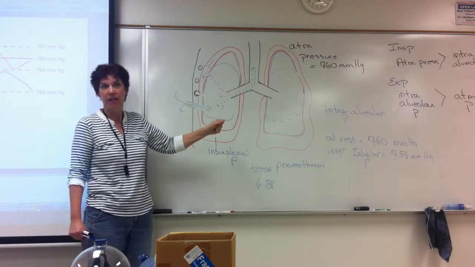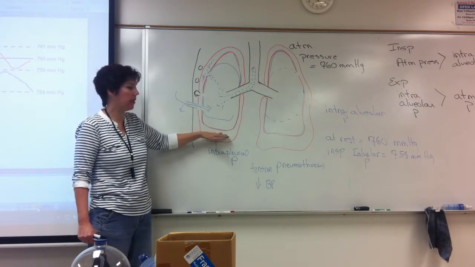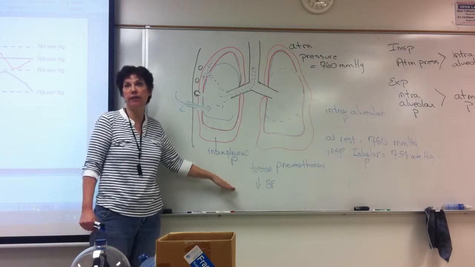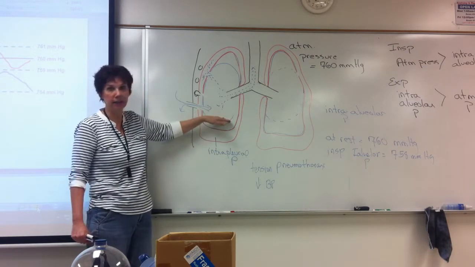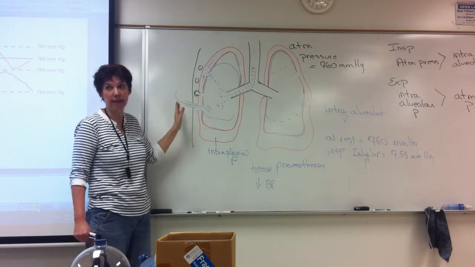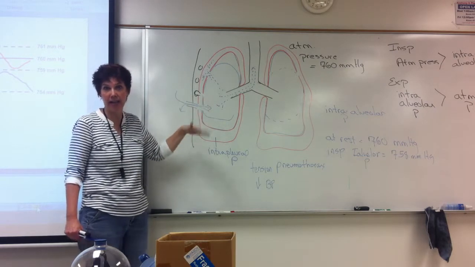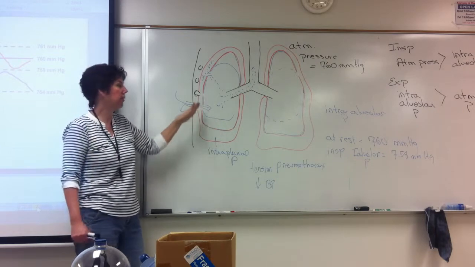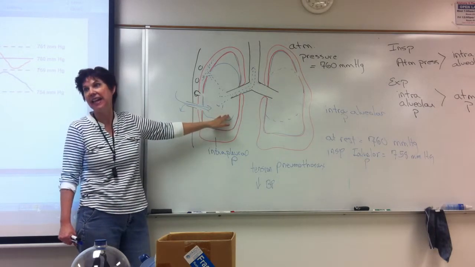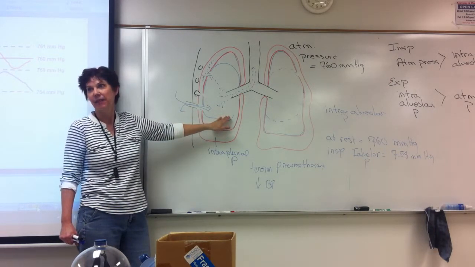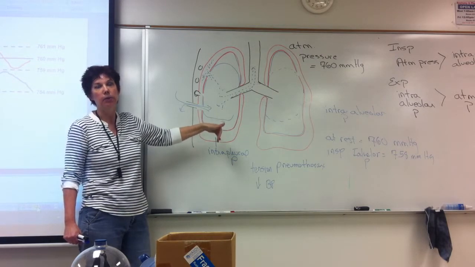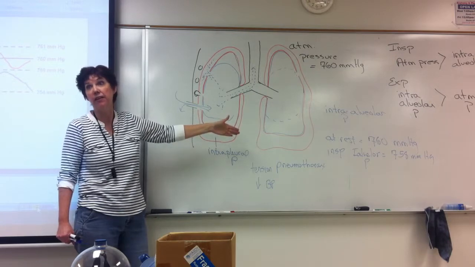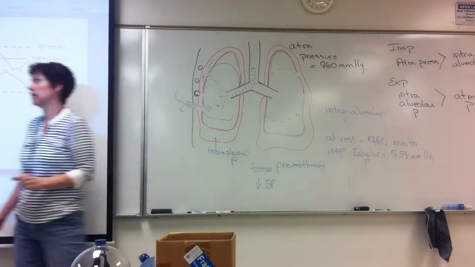So intrapleural pressure, rather than always being lower than intra-alveolar and lower than atmospheric pressure, can be equal to alveolar or greater, and equal to atmospheric pressure or greater, depending on the actual respiratory movement. The pleural cavity becomes the alveoli in that sense. If it is a tension pneumothorax, then your pleural pressure is often greater than alveolar. That's what's causing the lung collapse.